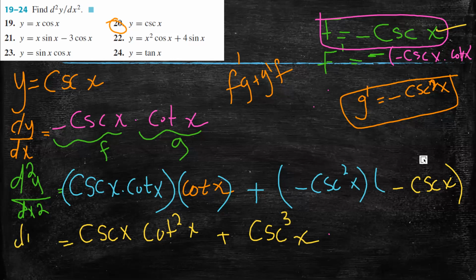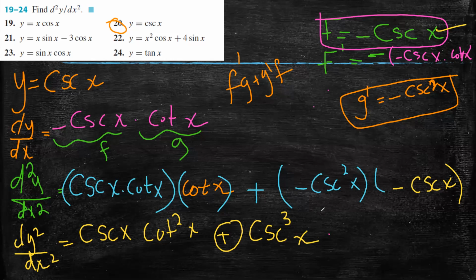This will be the derivation. Is it clear? Teacher, can we say cosecant to the power of 4 cotan squared? No, because they are added. They are not multiplied. So you will have to leave them like this. Is it clear now?